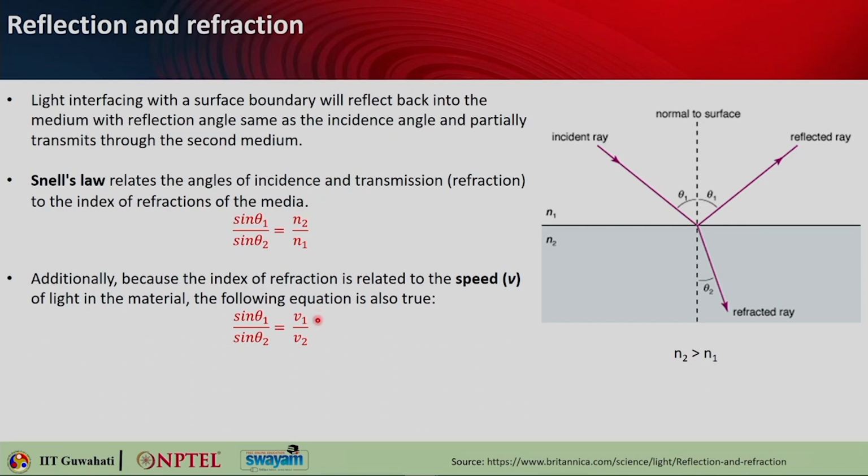So this is how you can also take Snell's law. You can understand the meaning of Snell's law: sin theta 1 over sin theta 2 is nothing but v1 over v2, the ratio of the velocity of the plane wave in these two media.